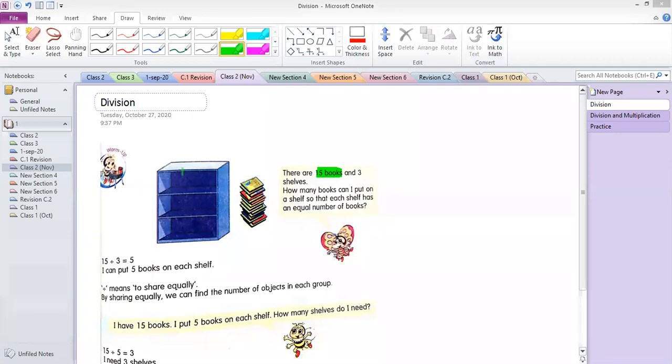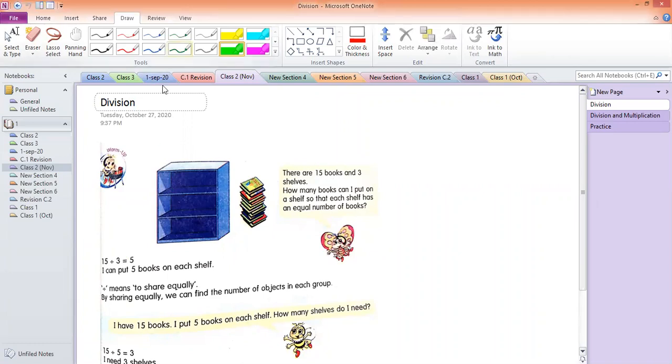So for that, what we can do, we can divide 15 by 3. So we will check the table of 3. How many times do we read the table of 3 in order to get 15? So 3 1 3, 3 2 6, 3 3 9, 3 4 12, and 3 5 15. Let's suppose this is the book.